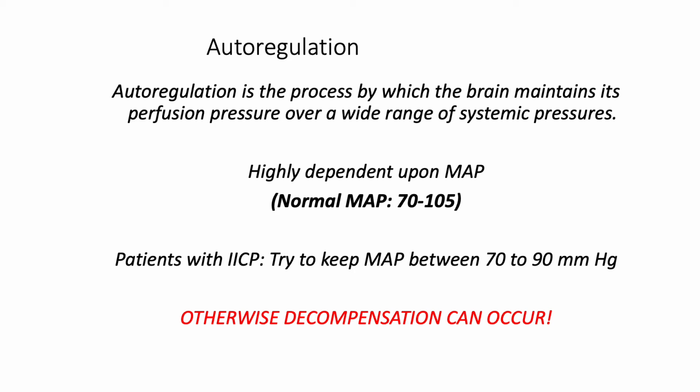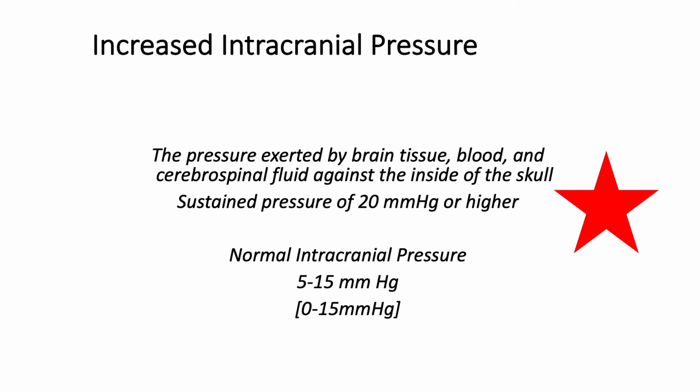And if our MAP is below 70, oftentimes the brain can't autoregulate enough to perfuse the brain adequately, and we'll start to see signs of cerebral ischemia. Remember, ischemia is poor perfusion. So if the MAP is over 150, often the brain cannot accommodate for this severely high pressure, and the vessels can't constrict anymore to compensate, and therefore the intracranial pressure will increase.